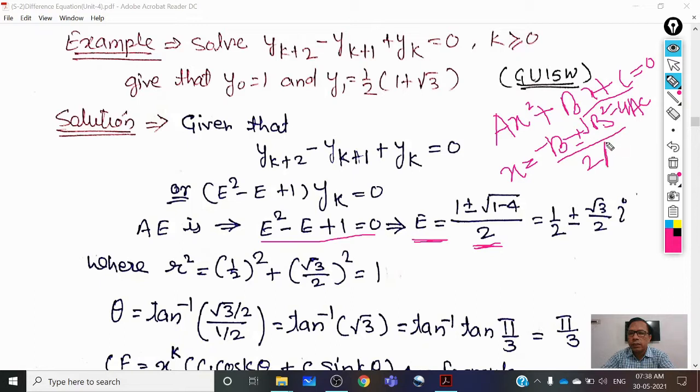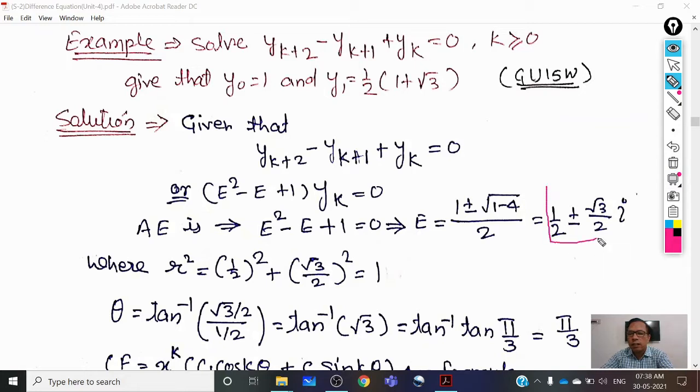By using this discriminant formula, the equation E² - E + 1 = 0 gives E = (1 ± √(1 - 4)) / 2. On simplifying, finally it will be 1/2 ± (√3/2) i.